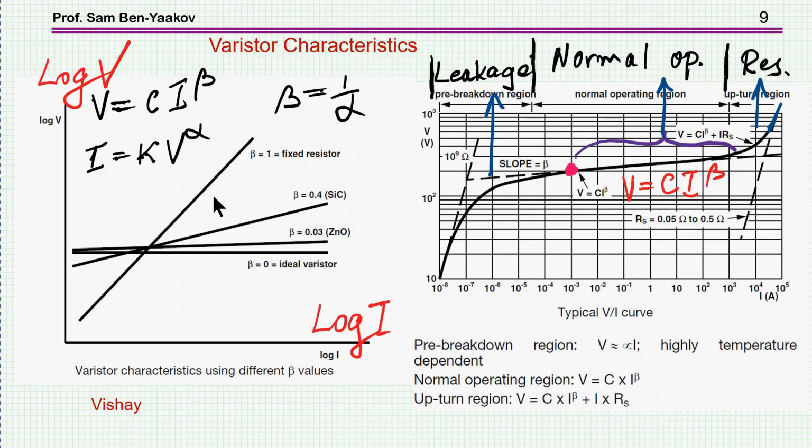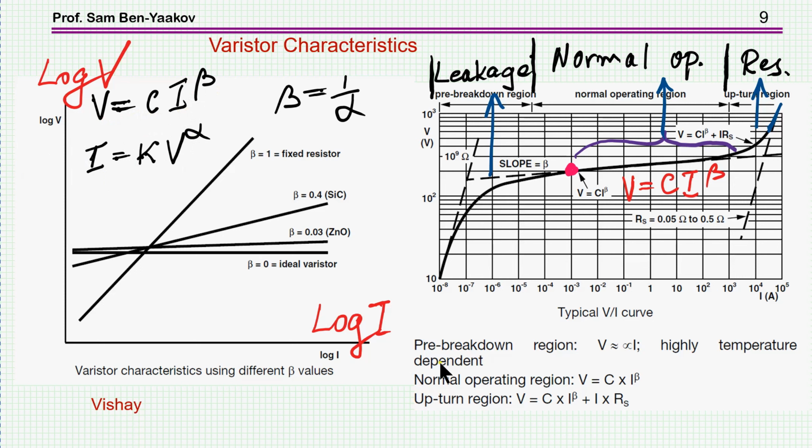A varistor is a nonlinear resistor, and the relationship between the voltage and the current can be expressed either, say, this is more conventional, I is kV to the power of alpha, or V is some other constant times I to the power of beta, where of course alpha and beta are one over the other.